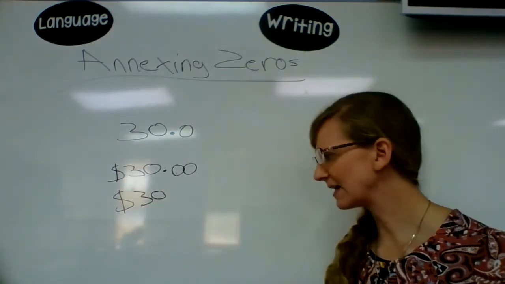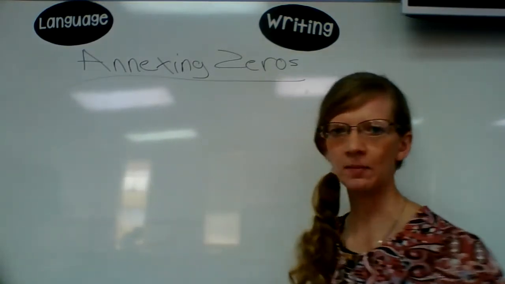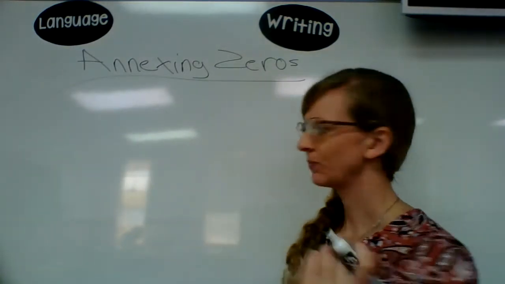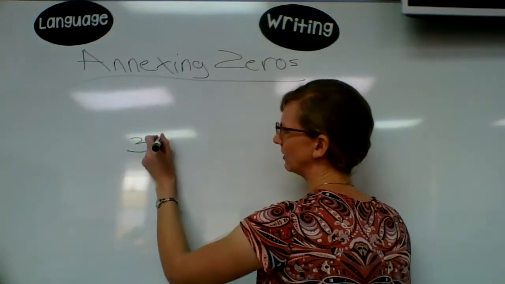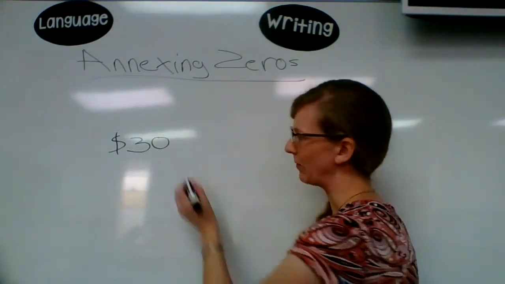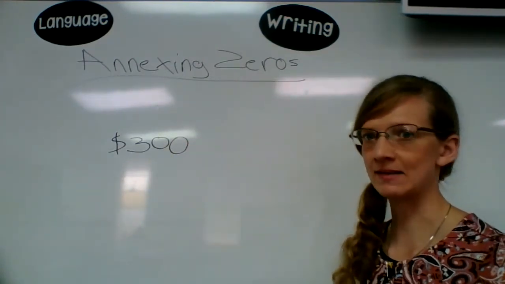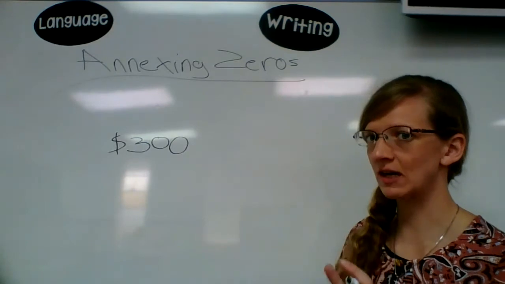So if you add a decimal point, you can add as many zeros as you want to a number without making it wrong. Now, if I had $30 and I don't put a decimal point but I add a 0, what does that make it? That makes it 300, so that changes the number.